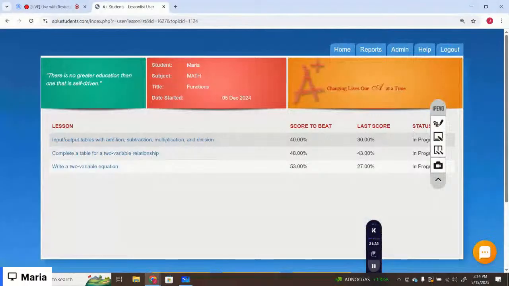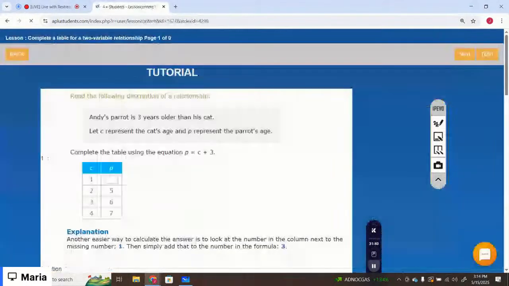Complete a table for two variable relationship. Read the following description of the relationship.